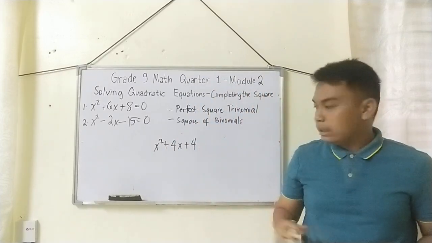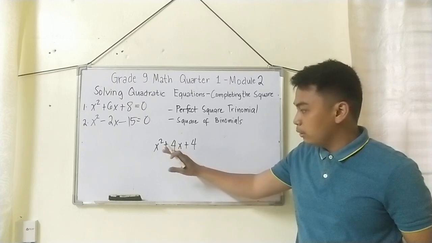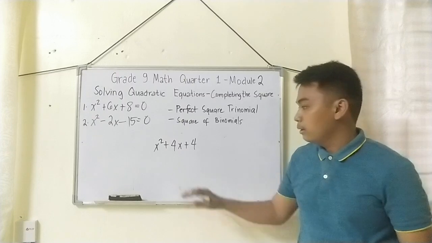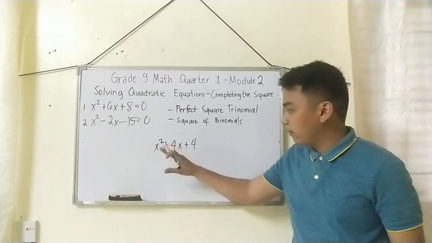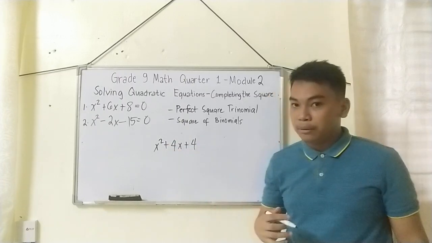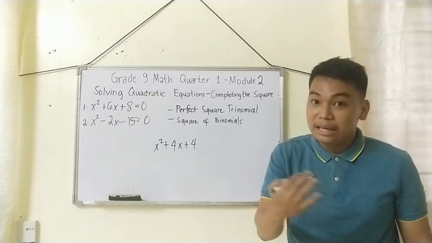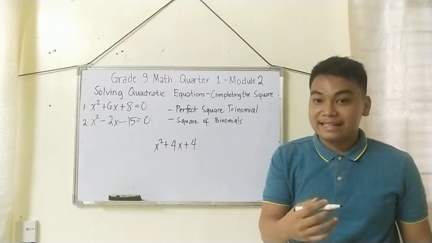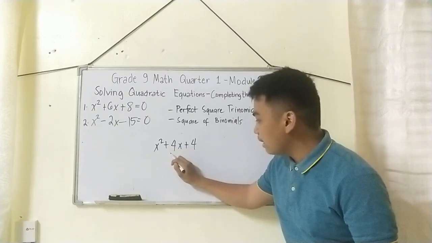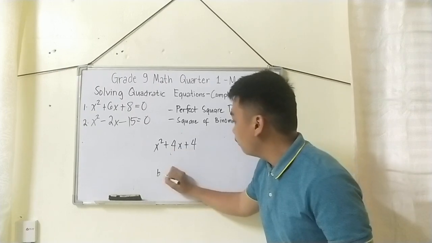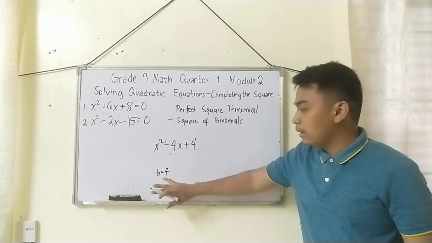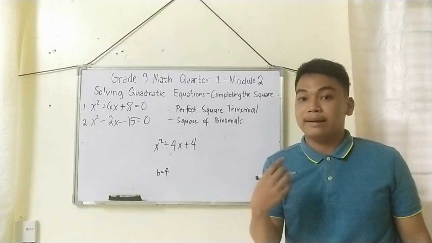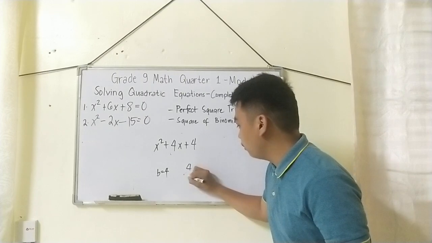What we look at here, Hobbiters, is first the term with the variable x, or the second term here. The term with variable x is 4x. So we look at b. Do you still remember b? That is the coefficient of the term with variable x. Right? So our b here is 4. What we do with b, or our 4, is first divide by 2, or multiply by 1/2.